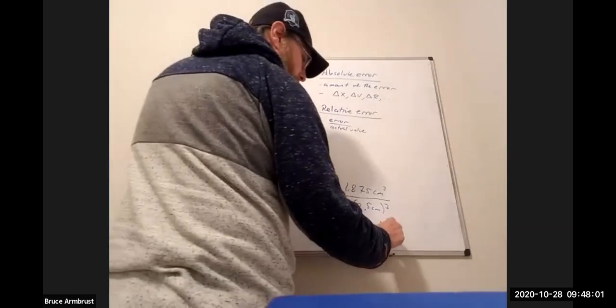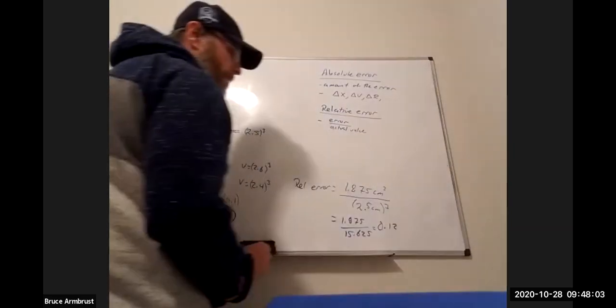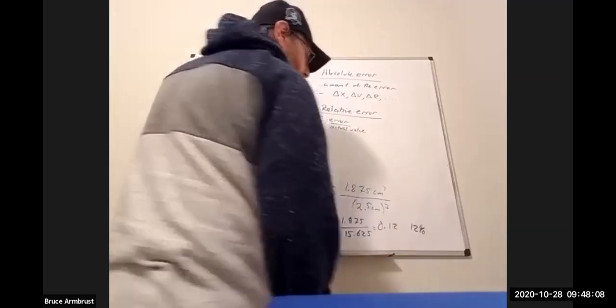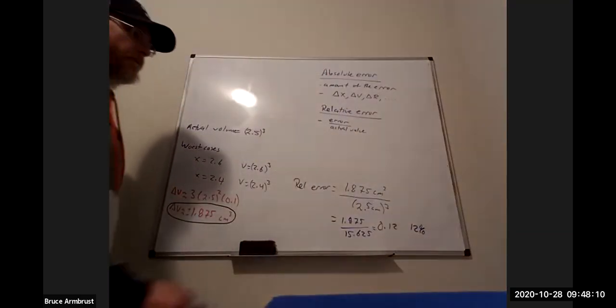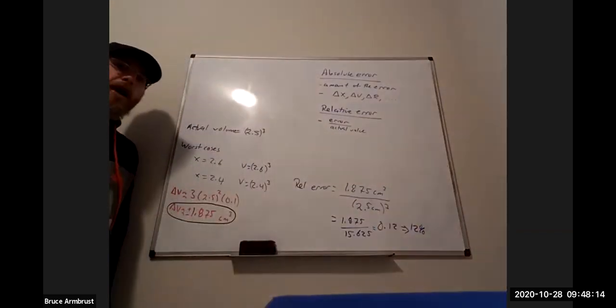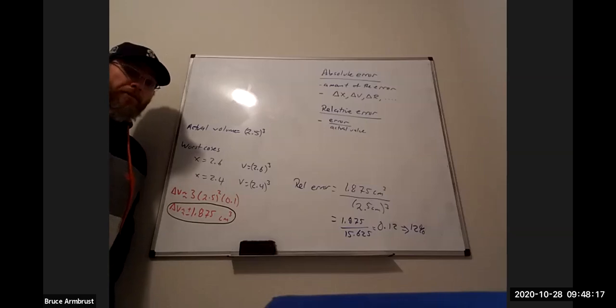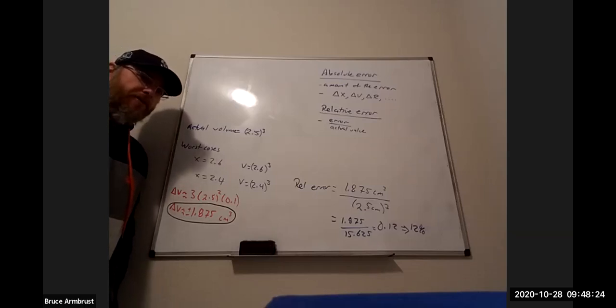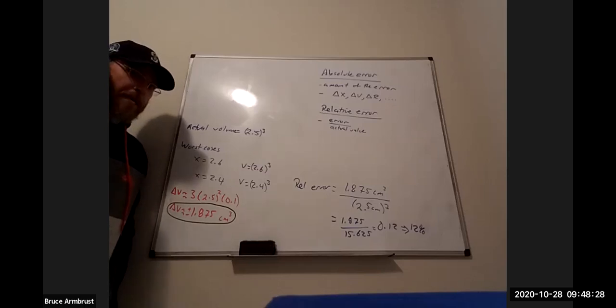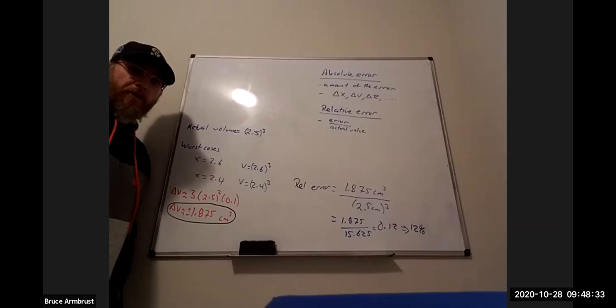These are usually represented as percents, so this would be approximately 12% error. That would probably not allow us to stay in business for very long if we're constructing dice, because 12% error is probably not good enough for what we want to do.